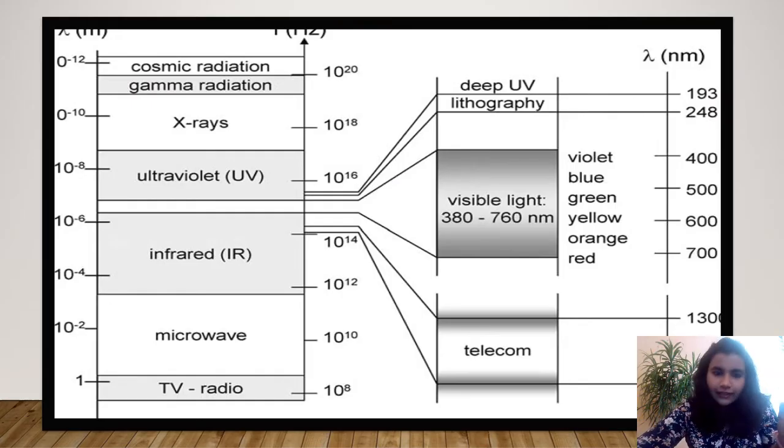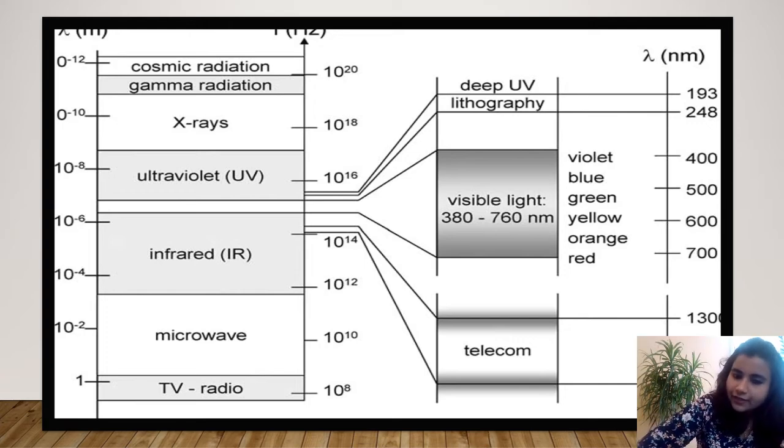Here in this slide, I have kept it to make you understand the energies and different wavelengths of light. See, for example, these cosmic and gamma rays have the highest energy. Energy of cosmic is greater than gamma, then ultraviolet, then infrared, then microwave, then TV.